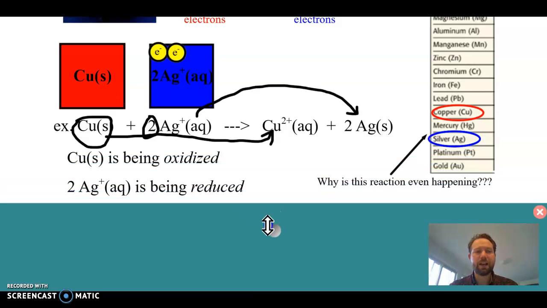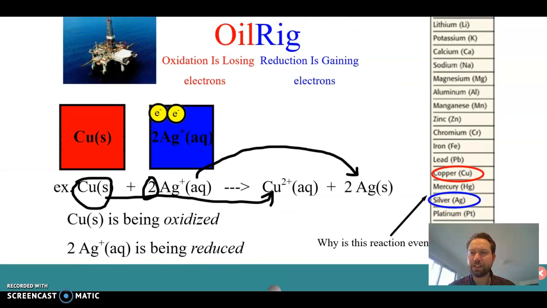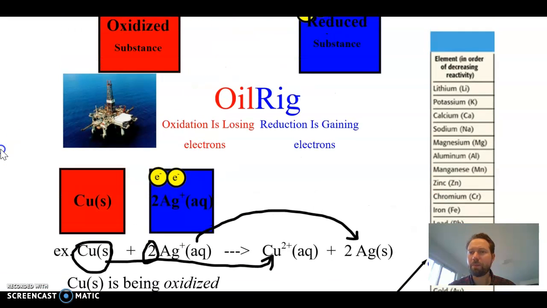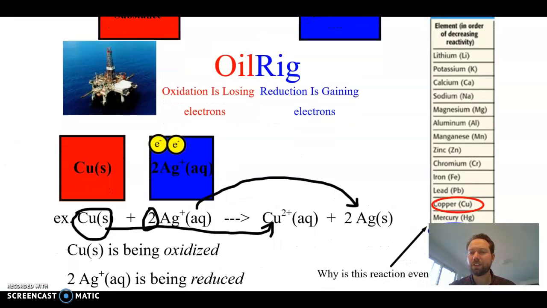So as we said, copper, because it lost electrons, is being oxidized, and silver is becoming reduced because it is gaining electrons. This reaction occurs because when we think of things that are really reactive, particularly metals, as you see on this list here, this is something called the metal activity series.